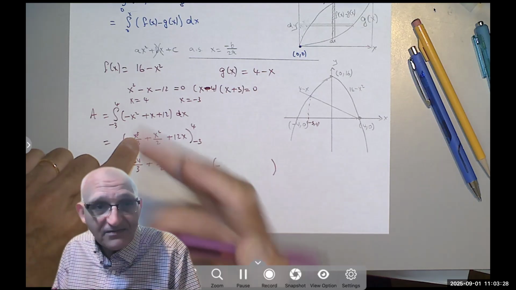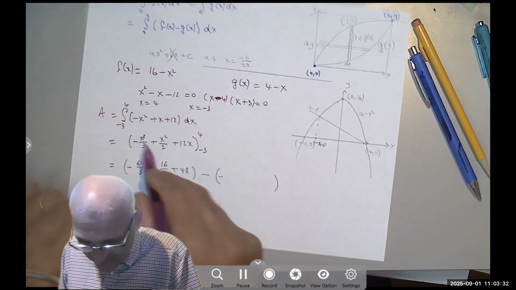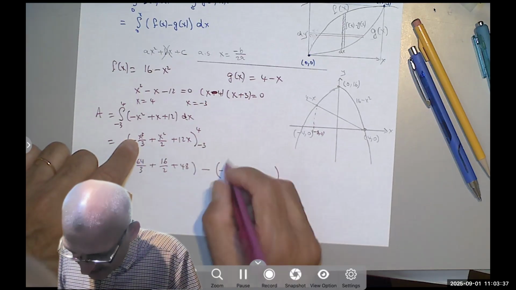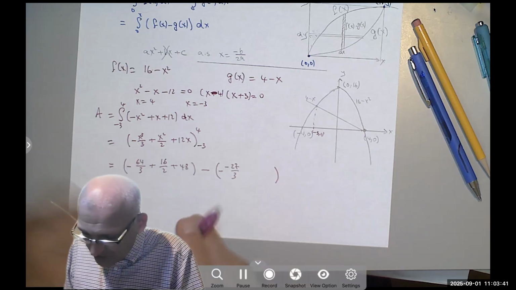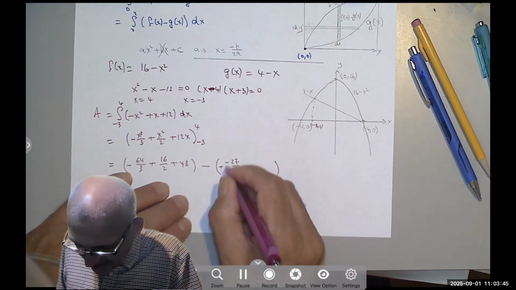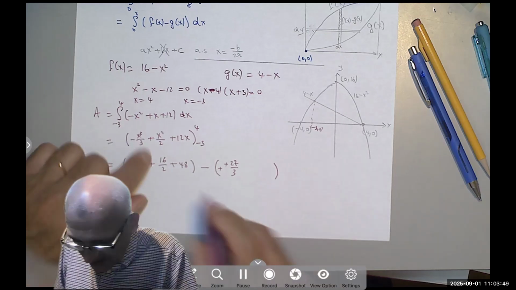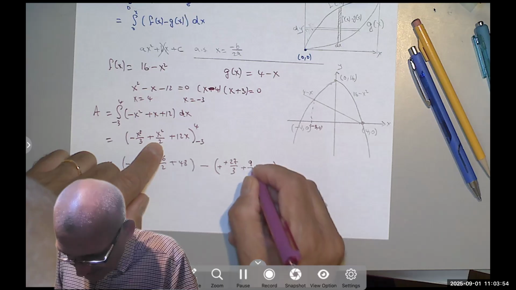Notice we have three negatives here. There is a negative between the two parentheses, there is a negative that was a result of the integration, and another negative that is 27 over 3. So negative times negative is positive, so I can transform them into positive without a problem. Negative 3 squared is positive 9, so I don't have a problem here.